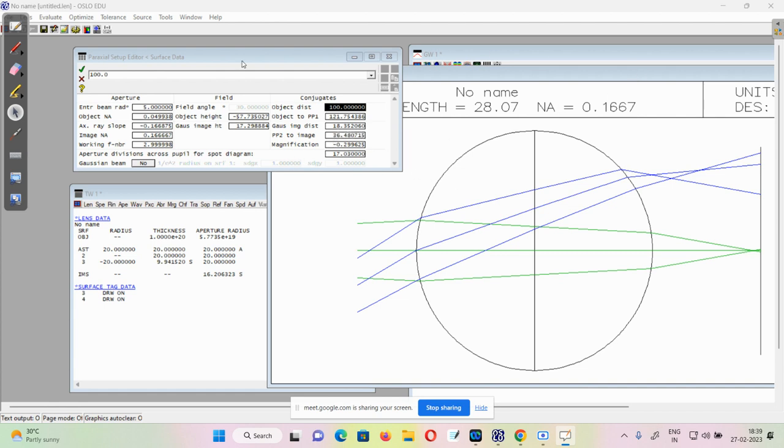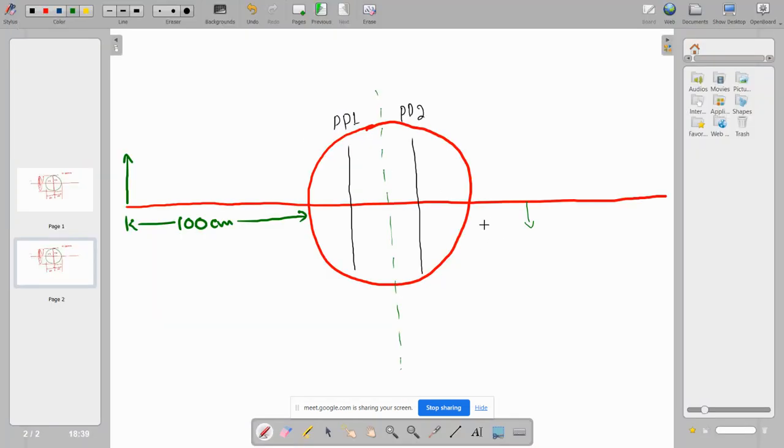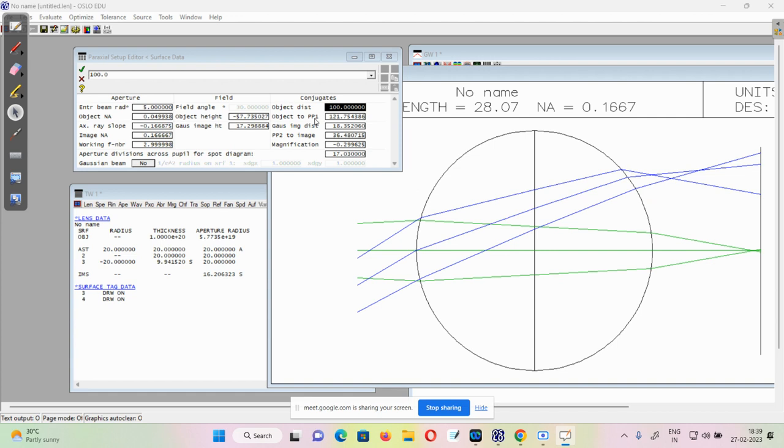18.35. I am getting 18.35. And they have already given the distance: object to PP1 is 121.754.